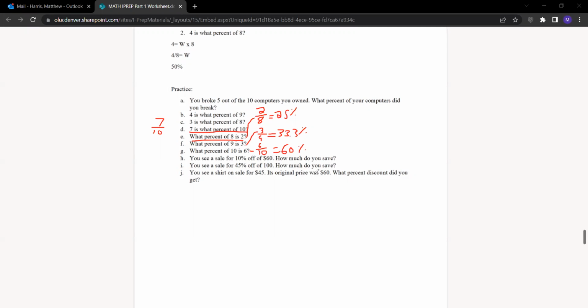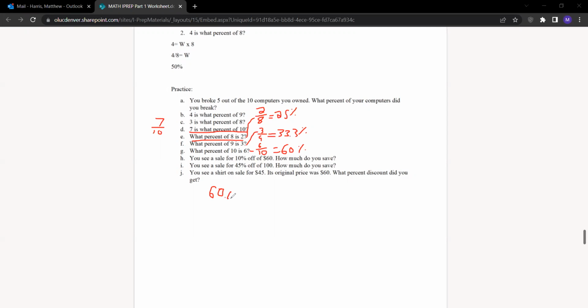All right, so next up we can look at, you see a sale for 10% off of $60. How much do you save? All right, so this one's a little bit more complicated, right? So you have $60. And you're saving 10%. So the first thing you think about is what is 10% of 60?